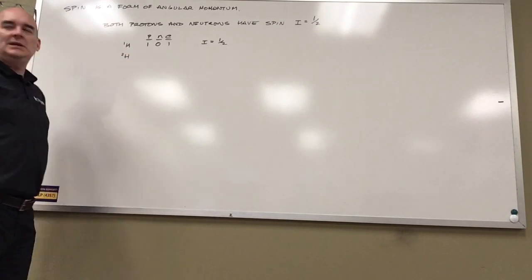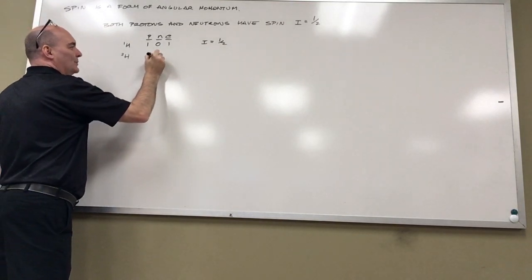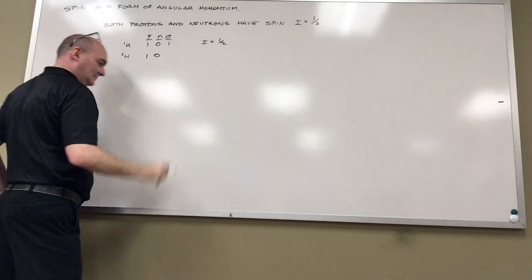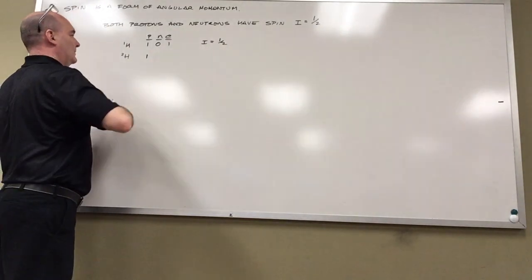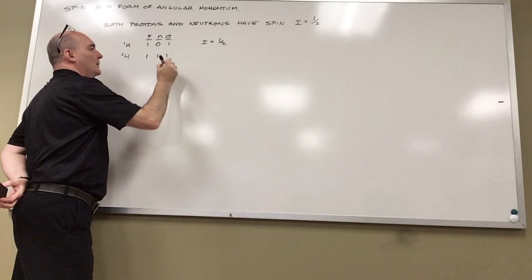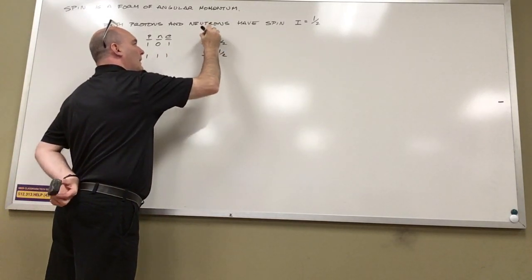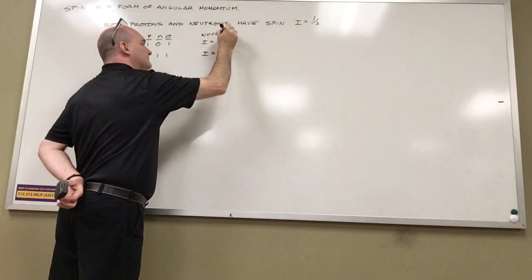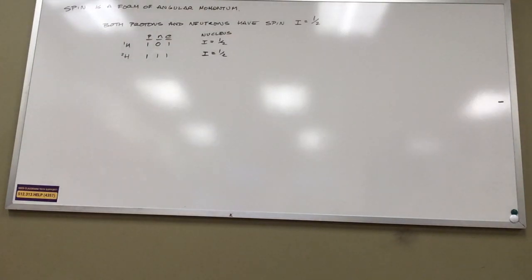If I made this a deuterium, then I have one proton, one neutron and one electron. And now the spin of my nucleus is the sum of the spins of the individual subatomic particles.